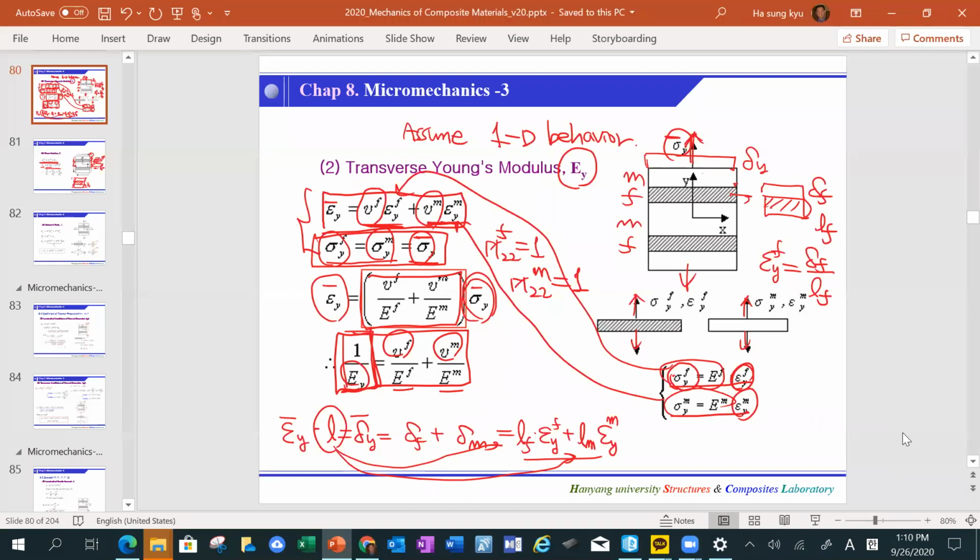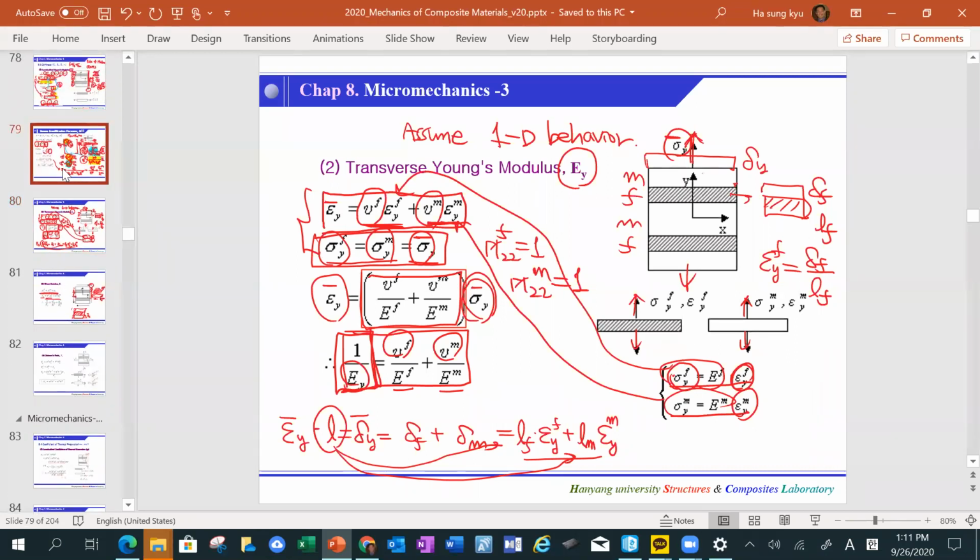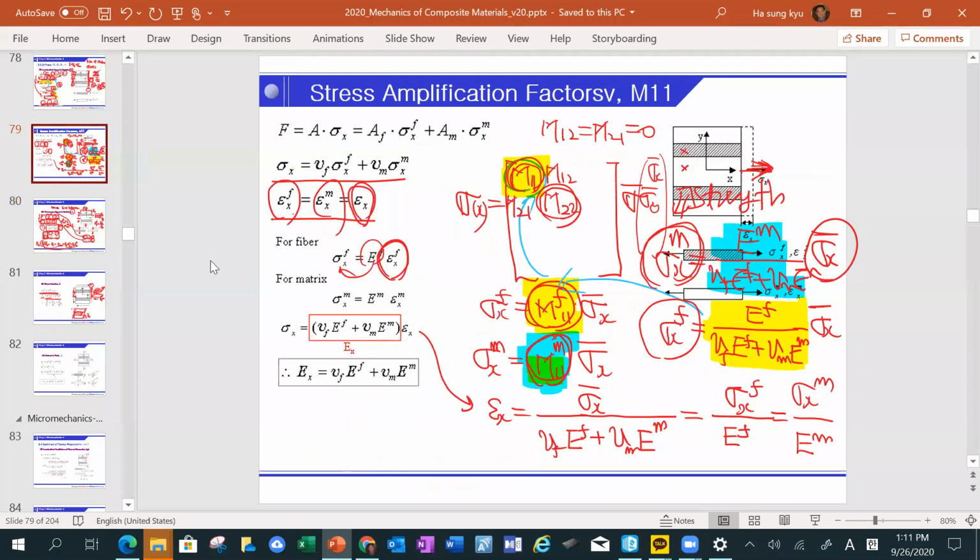One is to calculate the homogenized material property of the UD stiffness, and the other is to calculate stiffness amplification factors, or you can call them strain amplification factors, depending on the applications, from which you can directly calculate fiber and matrix stress from UD ply stress. Let's review what we did last time.